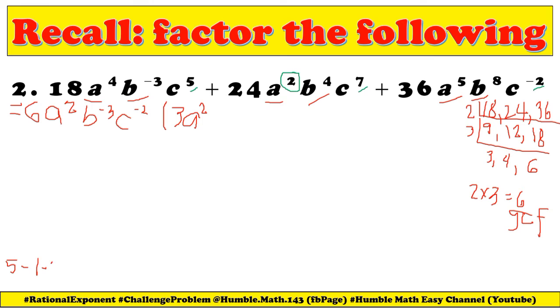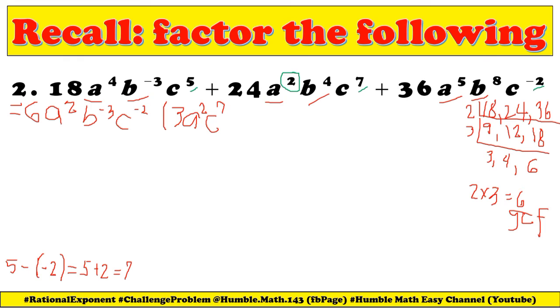I just share with you the process of subtracting negative numbers so that we understand well why it became that. So we come up with 5 plus 2, and the exponent of c is 7.